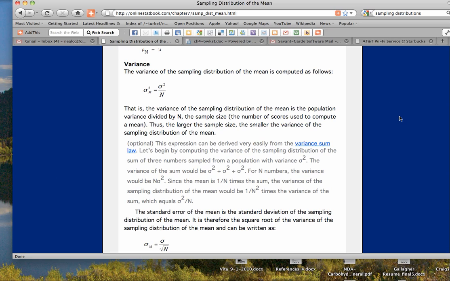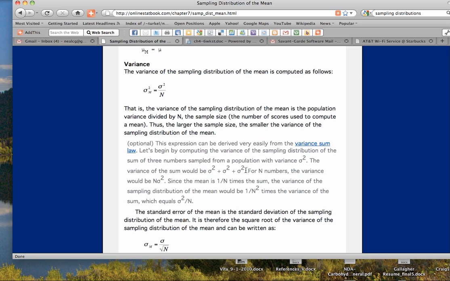Here we work on the assumption that if we take, for example, 3 samples from a distribution, each has a variance given by sigma squared. Then we know that if we have 3 independent samples from a distribution with variance sigma squared, the variance of the sum of those 3 independent samples is simply the sum of the variances.